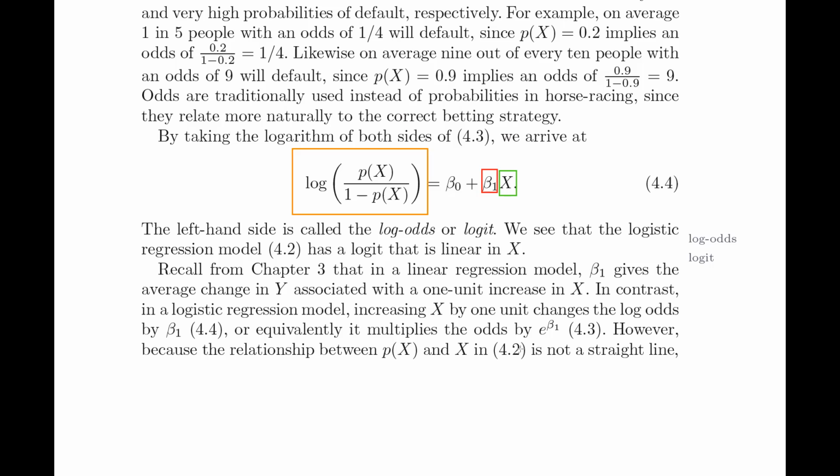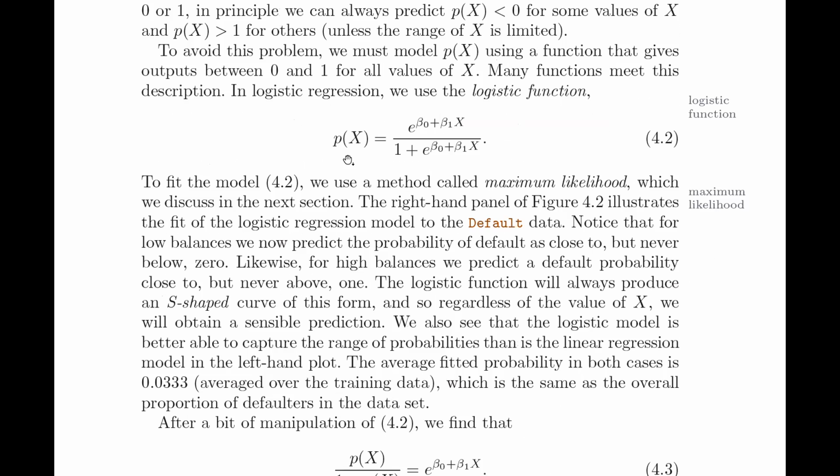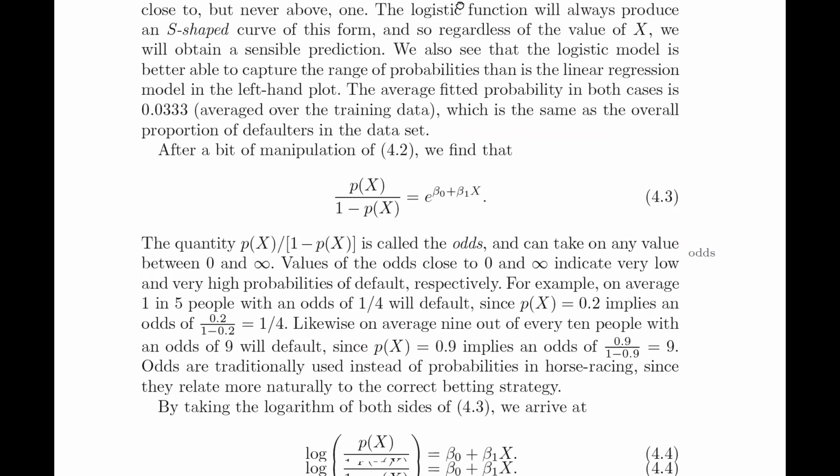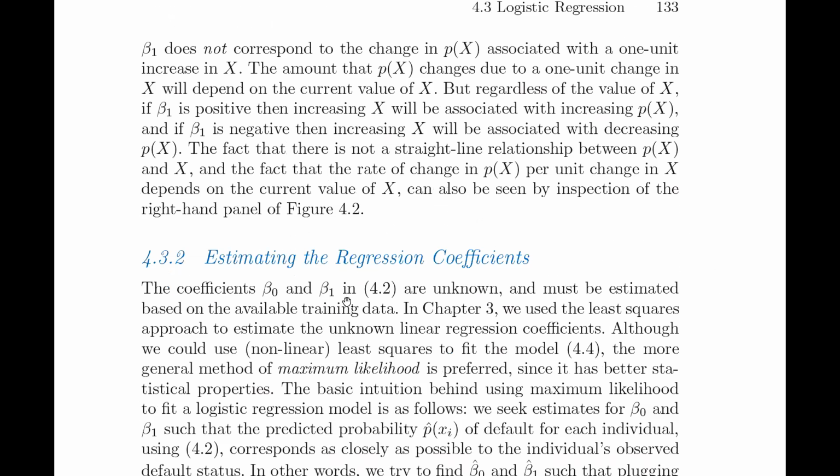However, because the relationship between p of x and x in 4.2 is not a straight line, beta 1 does not correspond to the change in probability of x associated with a 1 unit increase in x.